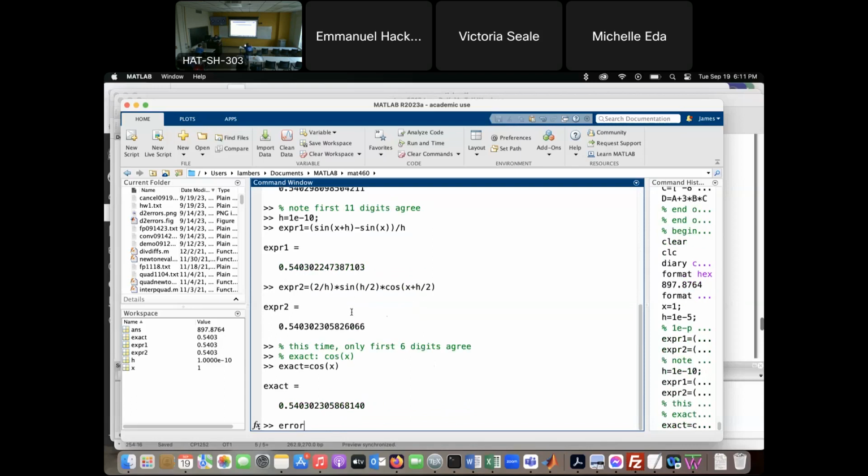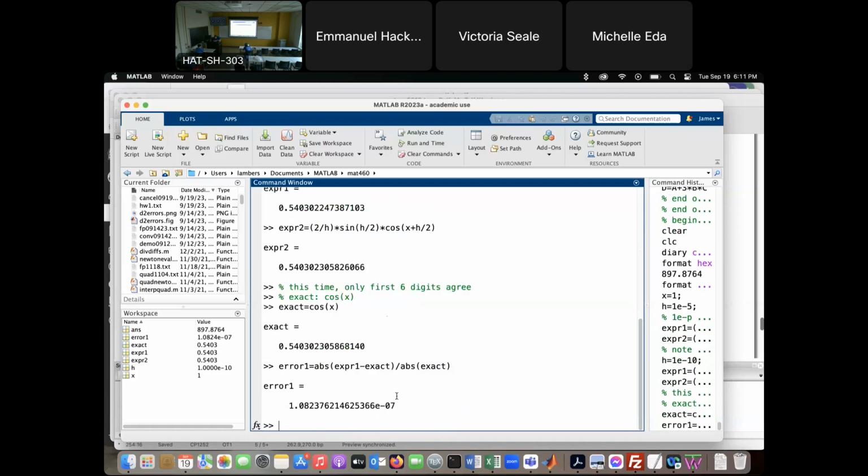So, first error will be the absolute value of the approximation minus the exact, over the exact. And this is the one that has a catastrophic cancellation. And we see there's some accuracy, it's just not that great.